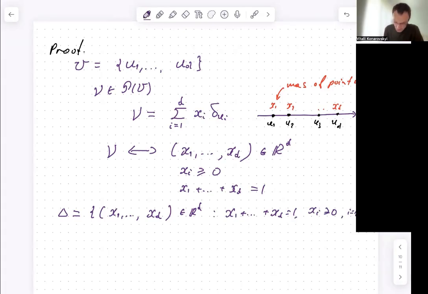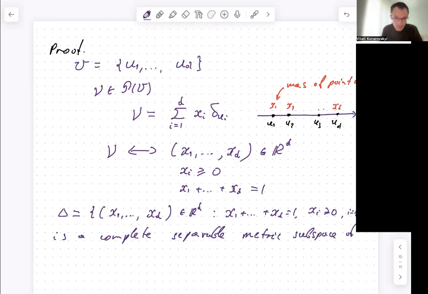And also we consider this set, which is a complete separable metric subspace of Rd. It is trivial to check. Completeness easily follows from the fact that this set is closed in Rd.